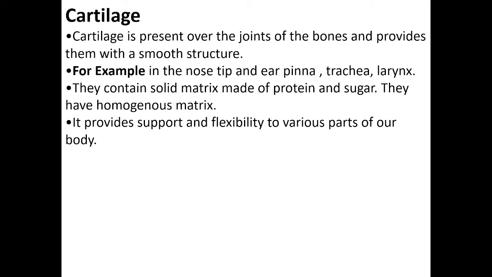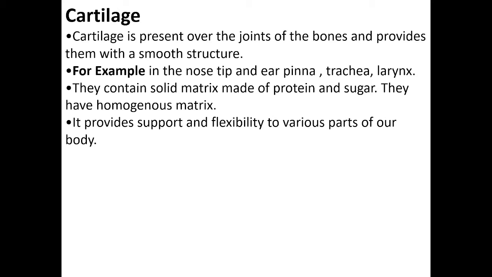Next one is cartilage. Cartilaginous tissues are found between the joints. Wherever joints are there, cartilages are present. Other organs also have them, like your nose, ear, trachea and larynx. So these organs also have cartilage in them. I have given that cartilage is present over the joints of the bones and provides them with a smooth structure.